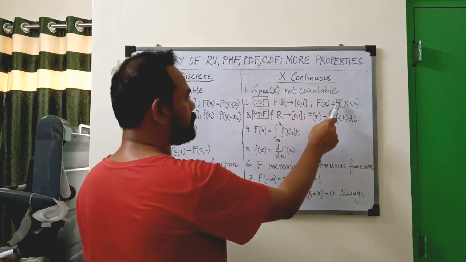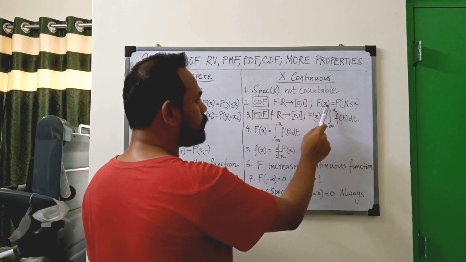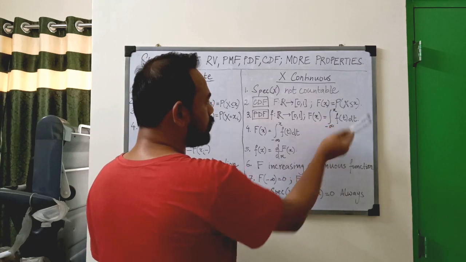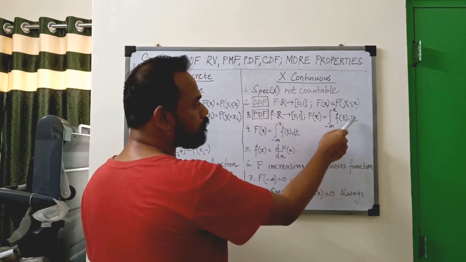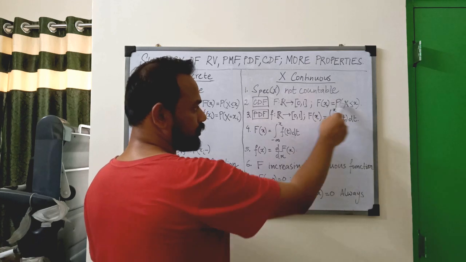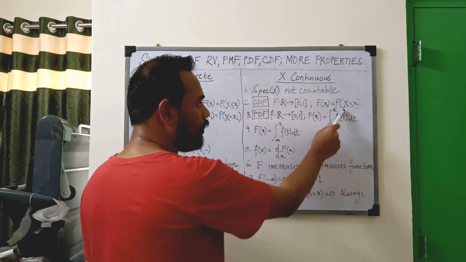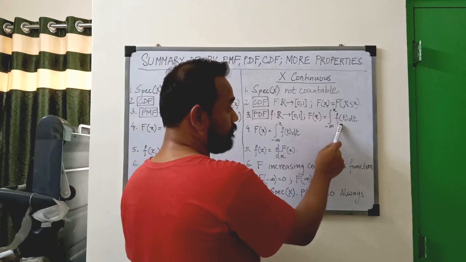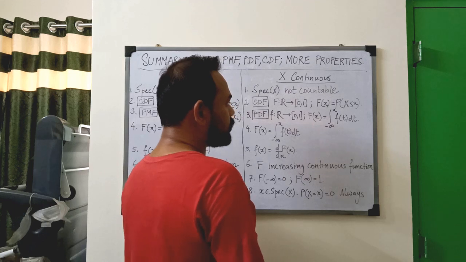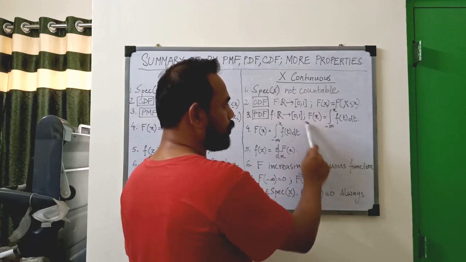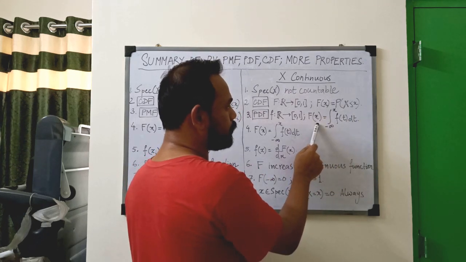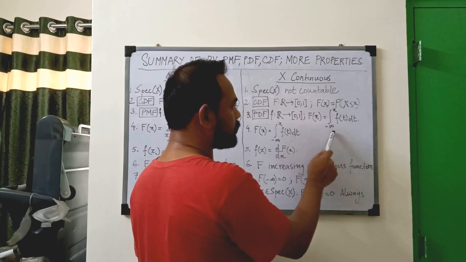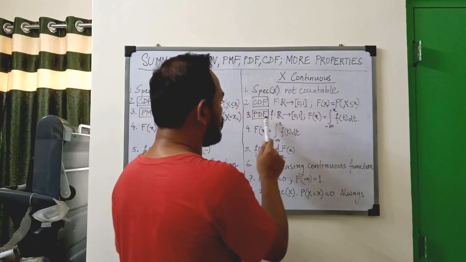Once you have defined the random variable, you already know the CDF, because you defined it in terms of the random variable. Then for the PDF, you have to look for a function which satisfies this equation for all x. If you can find a function small f such that capital F of x is the integration of this new function from minus infinity to x, then this new function is called the PDF.